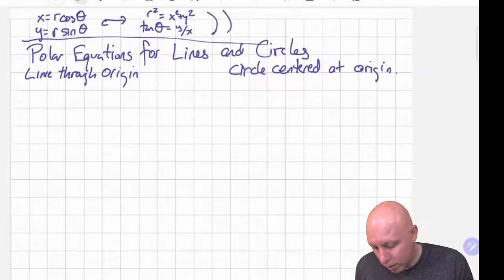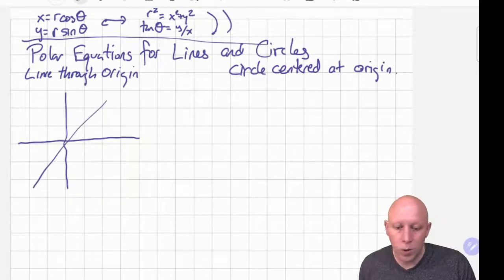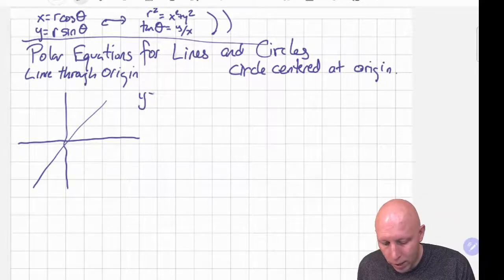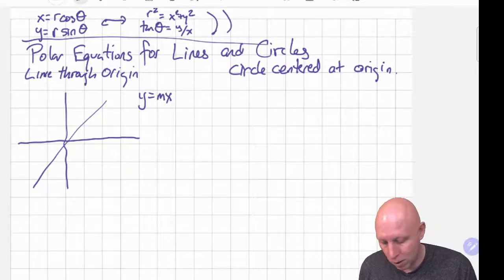All right, so a line through the origin. Right, we know the equation for a line through the origin. Looks like y equals mx. There's the b, and mx plus b is 0 because it goes through the origin.